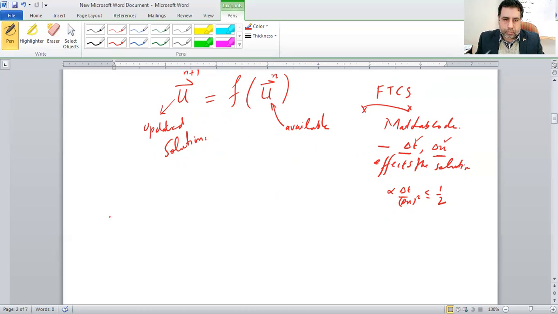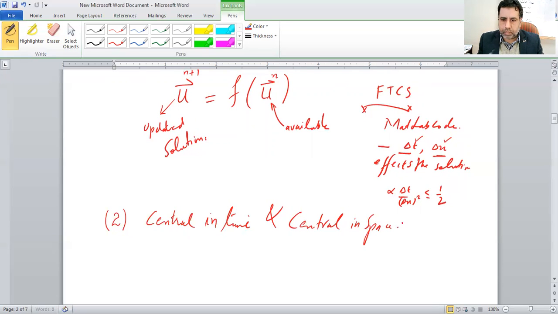Okay. Let us move towards another explicit formulation, that is central in time and central in space, also known as CTCS, and the name of this scheme is Richardson's method.